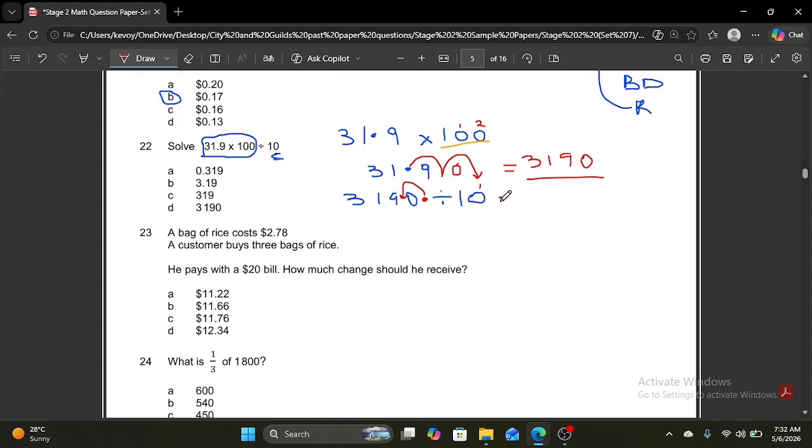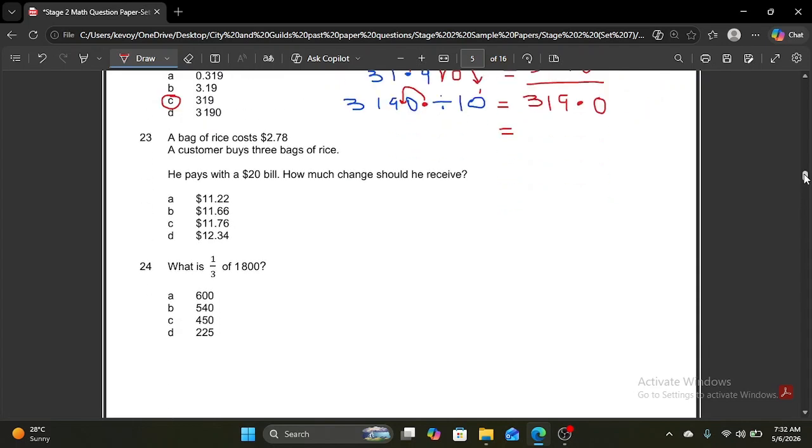That will be equal to 319.0, which is simply 319. So our answer is 319. That's C. C is the answer for question 22.